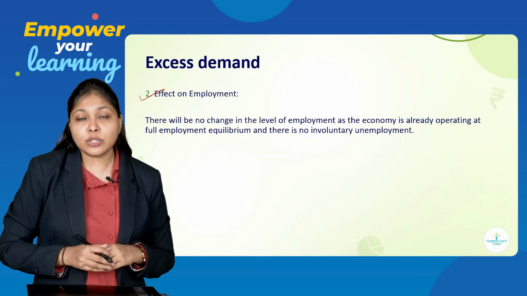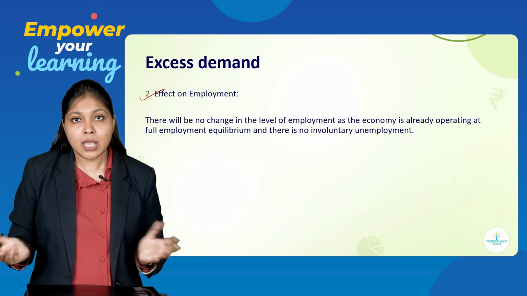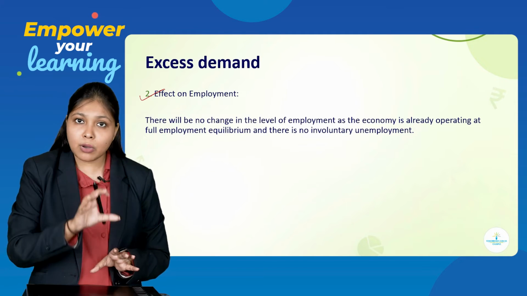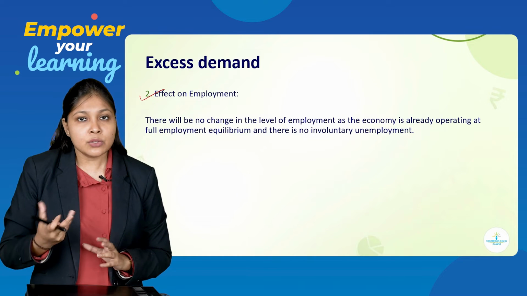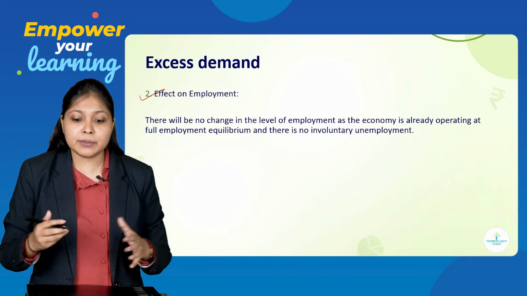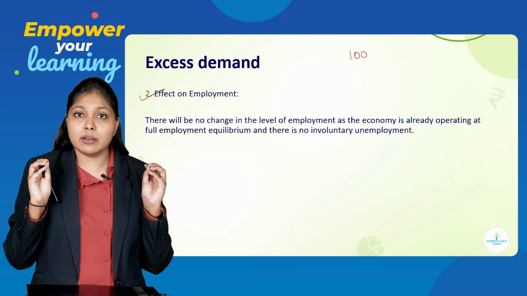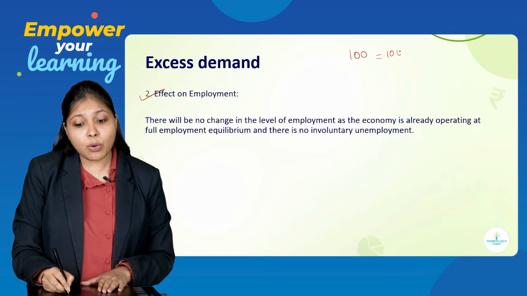What will be the impact on employment? No impact on unemployment, because we already know that it is the situation of full employment. All the people who are willing and able to work are already working. So you cannot increase employment. For example, in an economy, there are 100 people who are willing and able to work, and all these 100 people are already working.